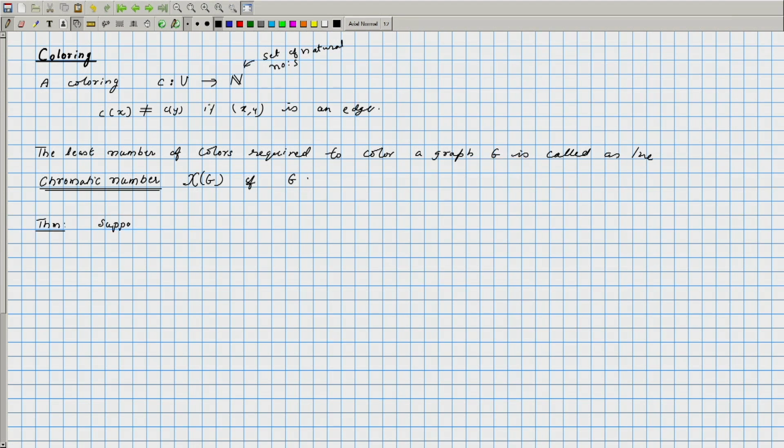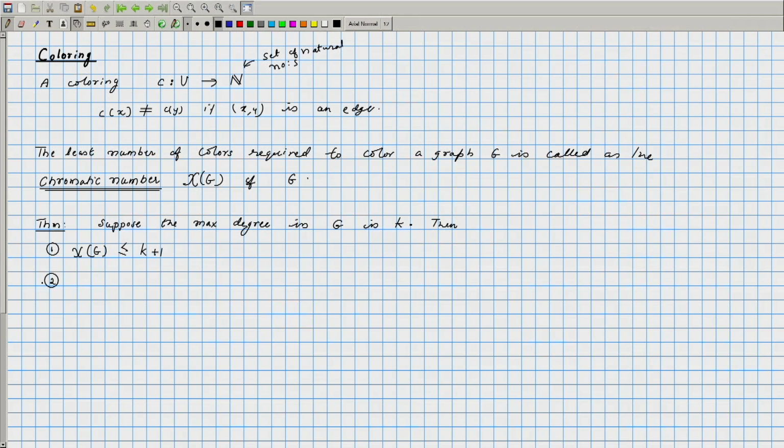Suppose the maximum degree in G is k. That means, if you look at any vertex, the vertex which has maximum degree has degree k, then chi G, the chromatic number, is less than or equal to k plus 1. That is the first statement.